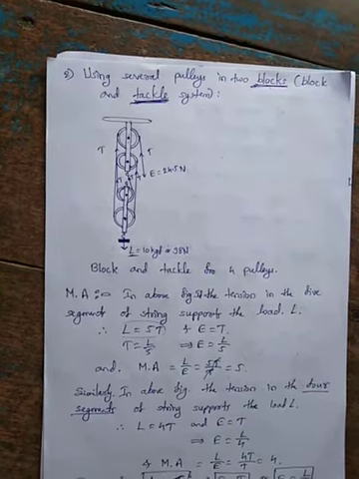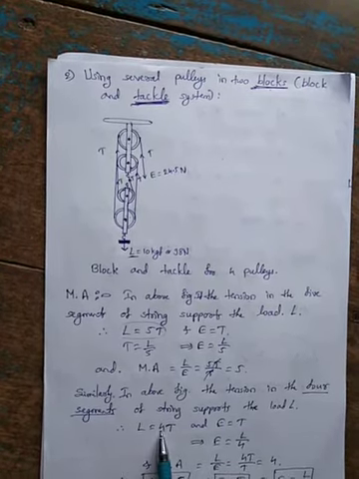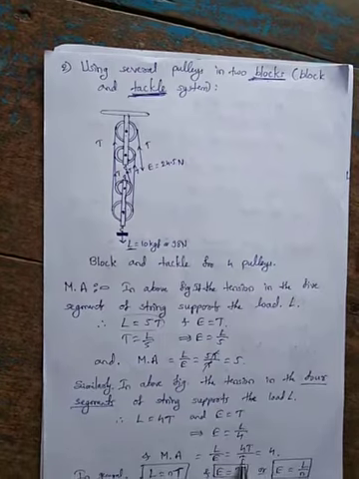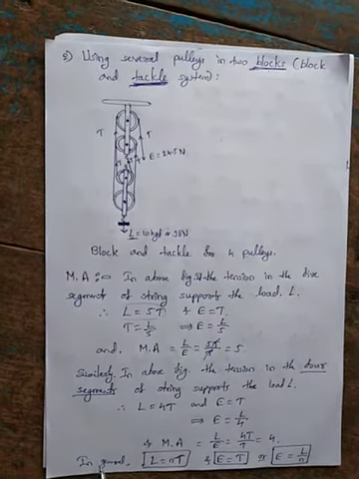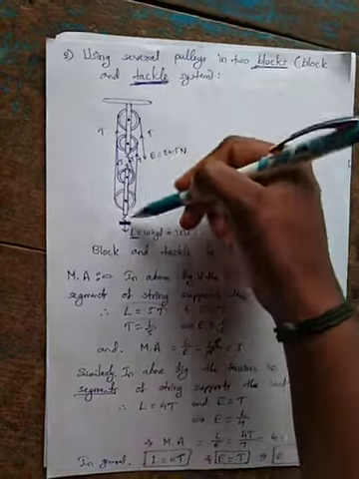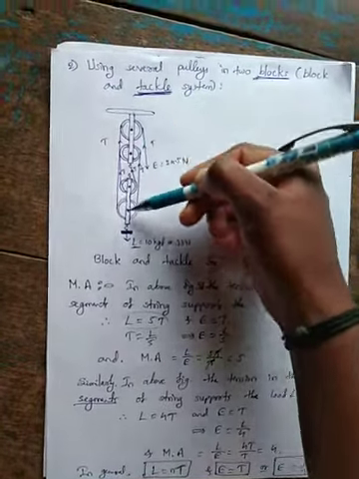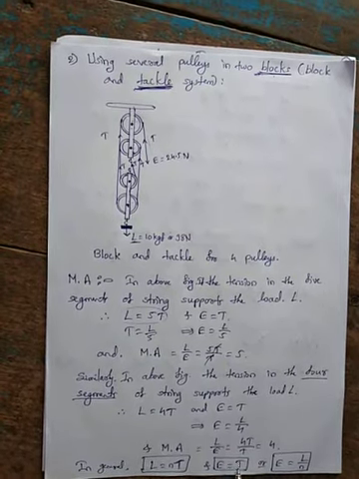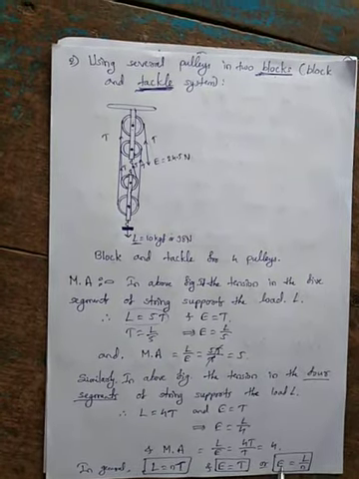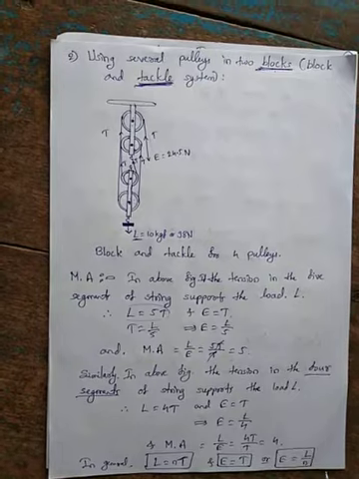And mechanical advantage, L by E, is equal to 4T divided by T. T gets cancelled, remaining 4. In general, if we take n number of segments, then load is equal to n times T, and effort is T, or E is equal to L divided by n.